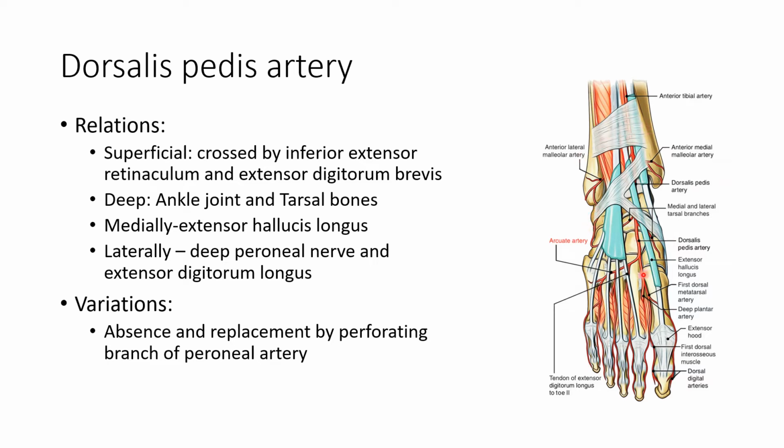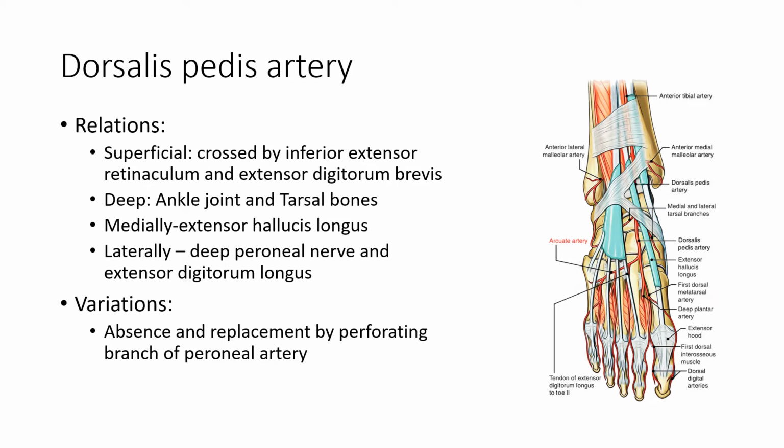The inferior extensor retinaculum is crossing the dorsalis pedis artery, and superficial to it will be the tendon of the extensor digitorum brevis, which is nothing but the extensor hallucis brevis, which I mentioned previously. The medialmost tendon of extensor digitorum brevis is the extensor hallucis brevis, which will cross it.